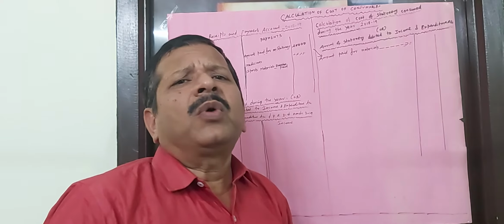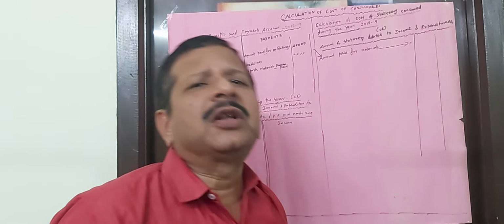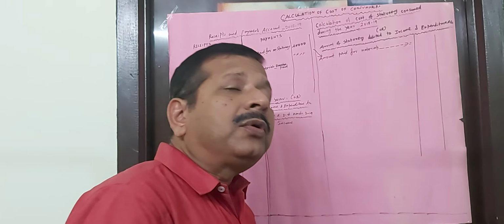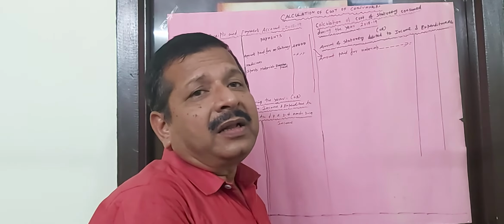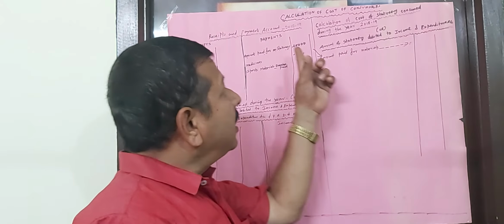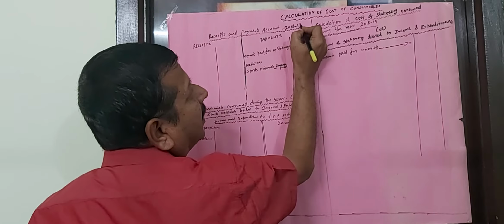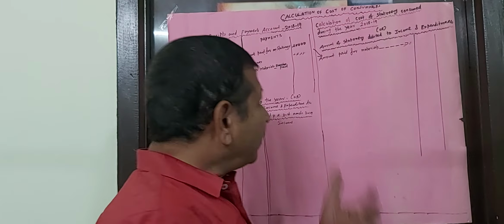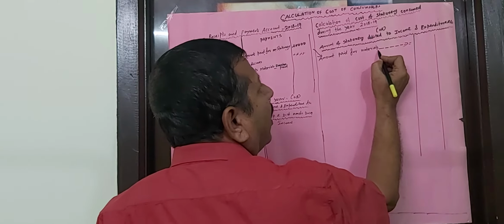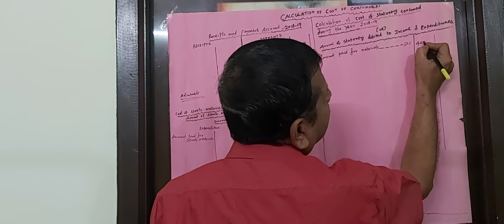That's why I have given two headings. You can write any one heading. In the examination they may ask in two ways. They may ask to find out the cost of consumable during the year, or to find out the amount to be recorded on the expenditure side of the income and expenditure account for the year ended 2018-19. Anyway, I have given the two titles. So the amount paid for materials is how much? 40,000 rupees.